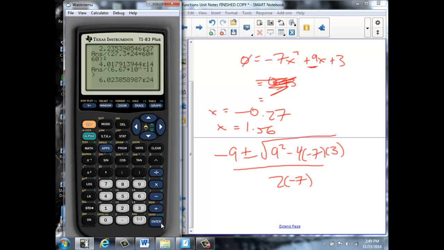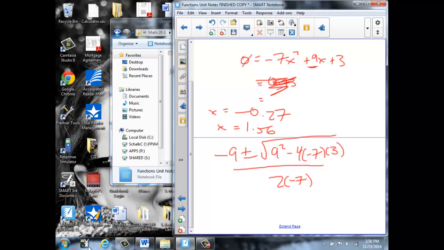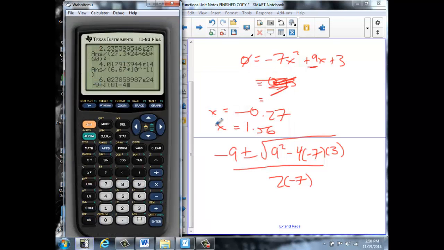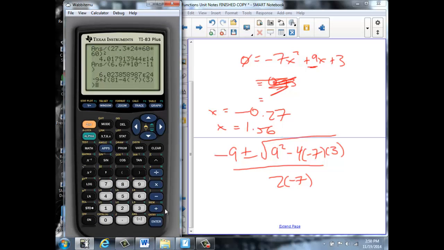I just need to use the calculator properly now. Negative 9, add the square root of 81 minus 4, negative 7, 3, divide by negative 14. Negative 0.27.